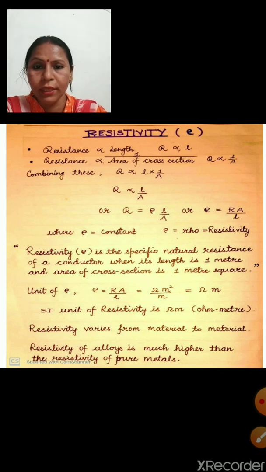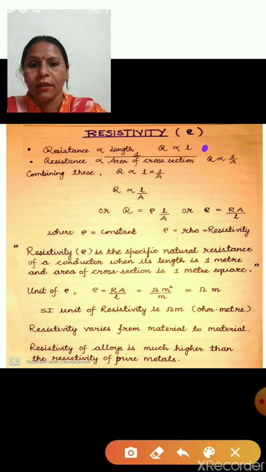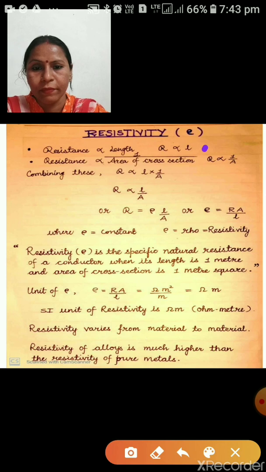Resistance is directly proportional to length, so R is proportional to L. And resistance is inversely proportional to the area of cross section, so R is proportional to 1 upon A. Combining these two relationships, we get R proportional to L upon A.